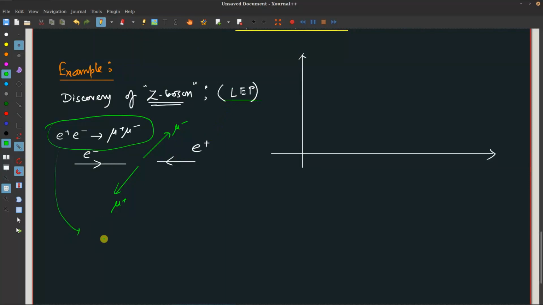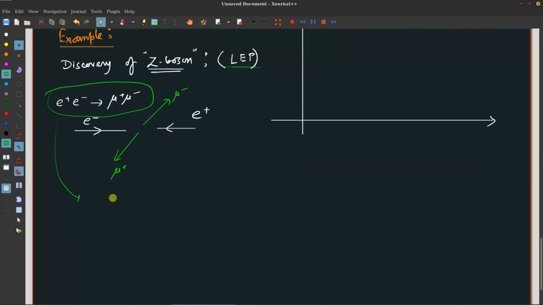The mediator can be either a photon or a Z boson. So you have electron here and muons here.